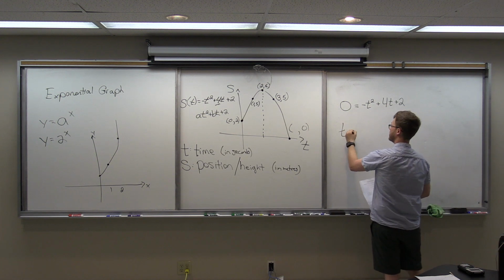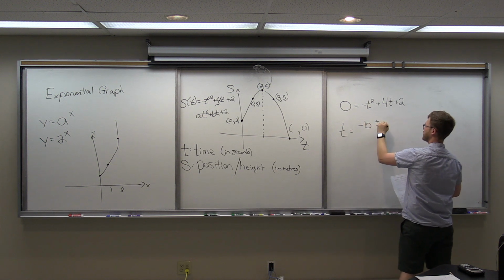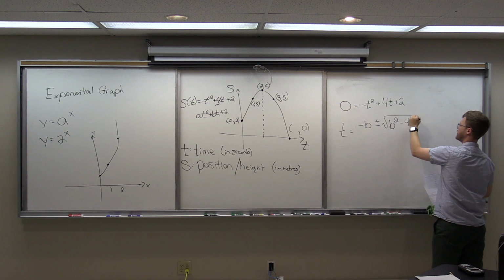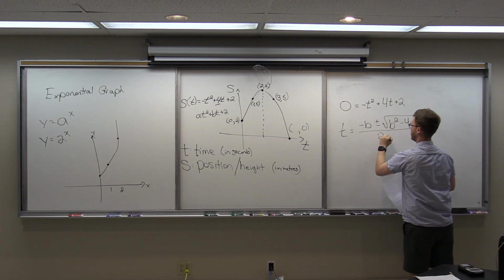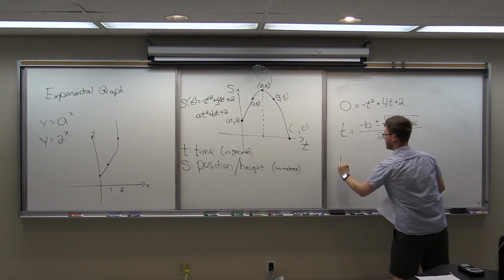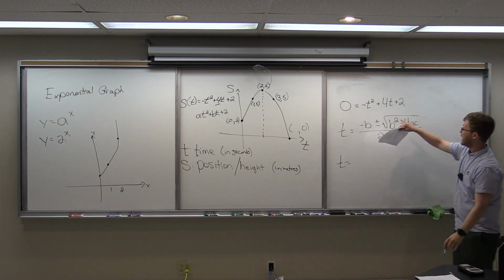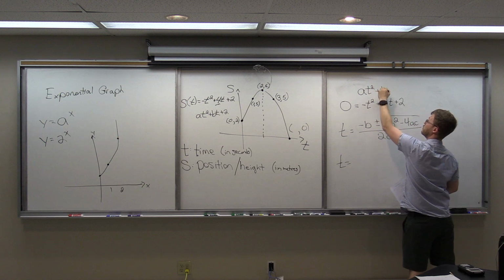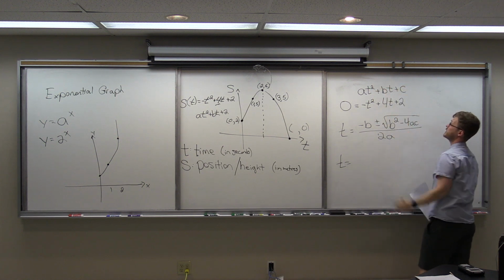So that states that t is equal to negative b plus or minus the square root of b squared minus 4ac divided by 2a. So t is equal to negative b. Remember that this takes the form at squared plus bt plus c.